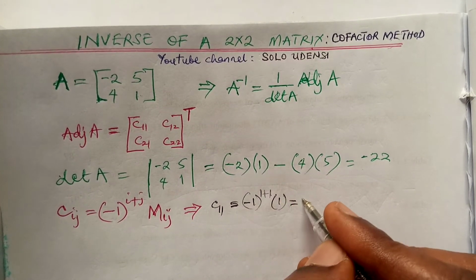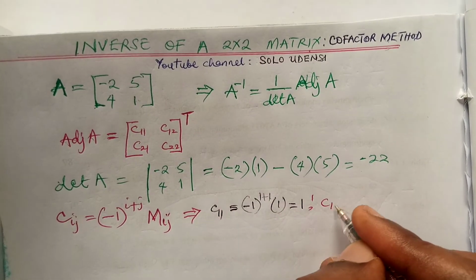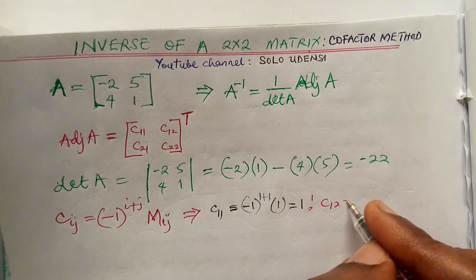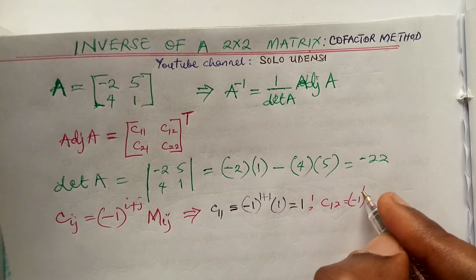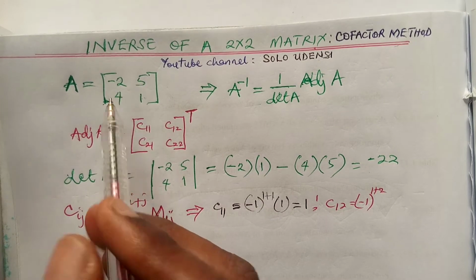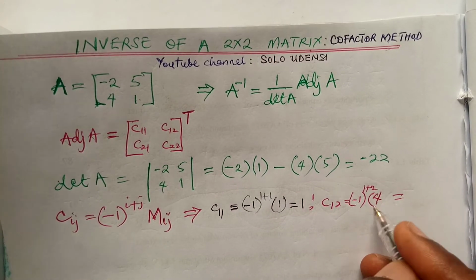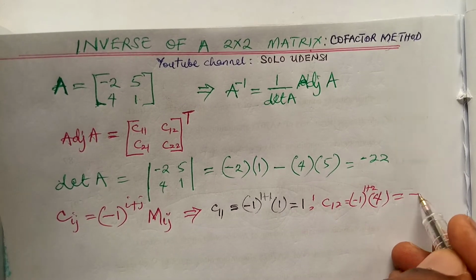Minus 1 squared is 1, so it's 1. C12 is equal to minus 1 to the power 1 plus 2 times 4, so we get minus 4.